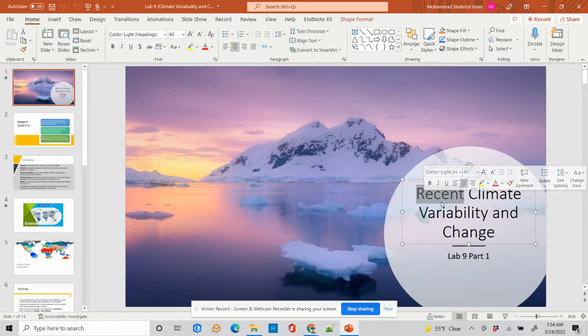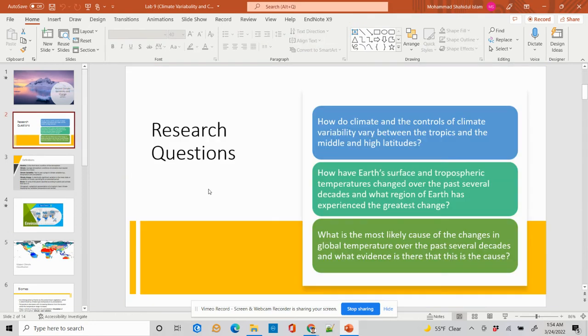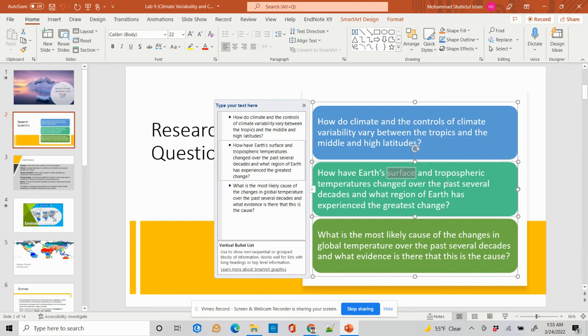Probably you will be working in the year range of 1979 to 2012, a short span of 50 to 100 years, where you will get to see the variability and work on those ideas. So question two will be, how have Earth's surface and tropospheric temperature changed over the past several decades? You will be working on the Earth's surface change and the troposphere temperature change, and what regions of Earth have experienced the greatest change.